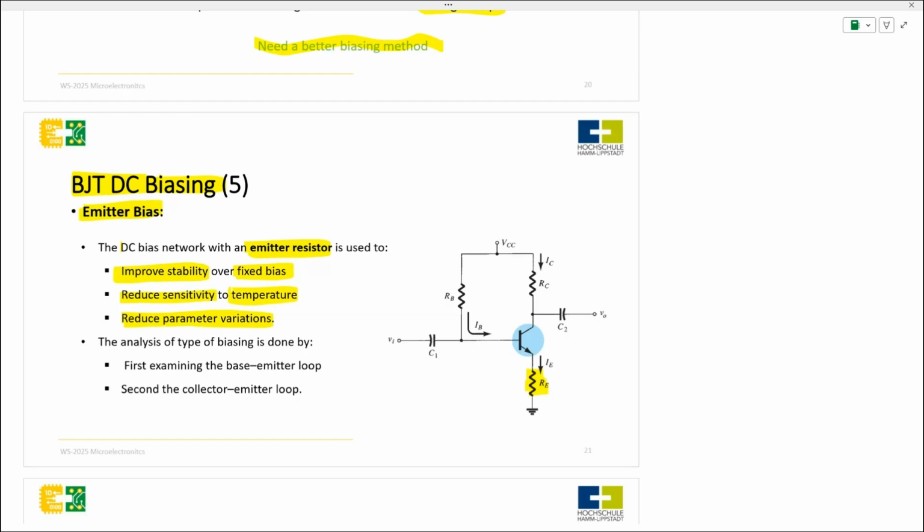Then the analysis of this type of biasing is done by first examining the base emitter loop. So we have our base emitter loop.